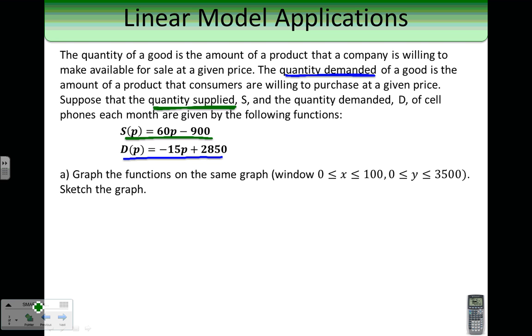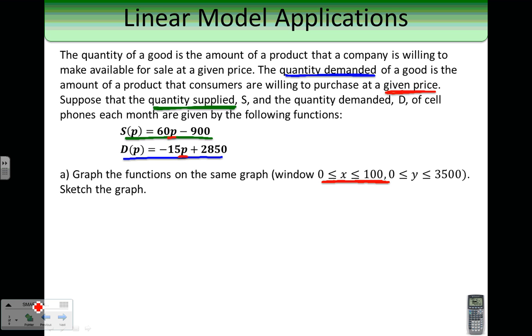So we're going to start by graphing these functions on the same graph. So we have our window, x is from 0 to 100, or in other words, that's P. So that's our price. So the given price is going to be P, here and here. That is our x value.